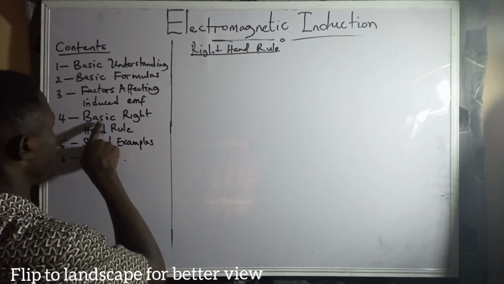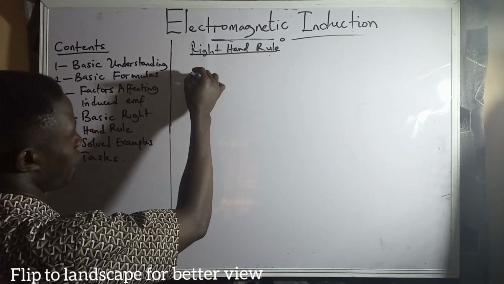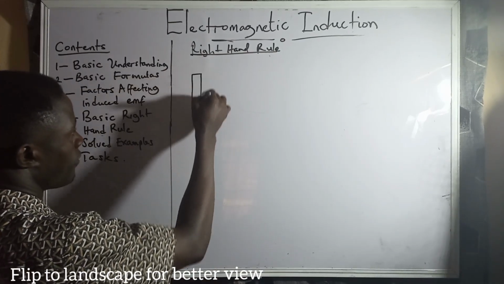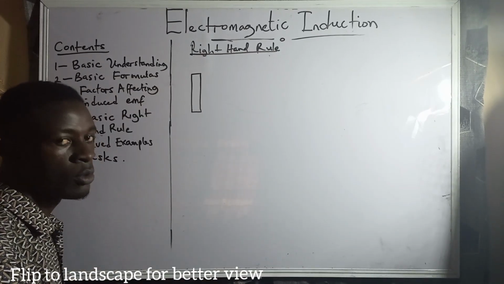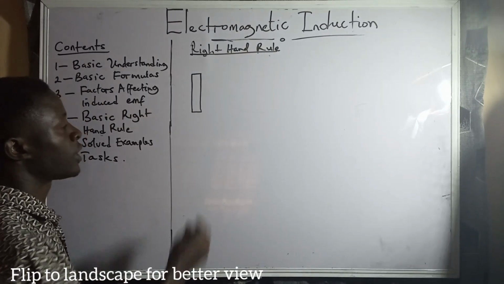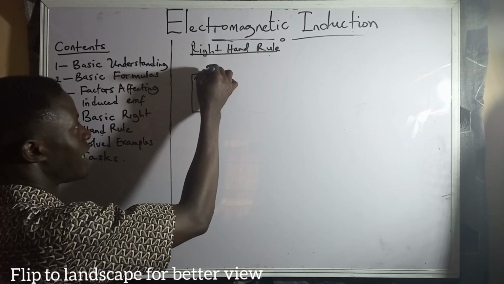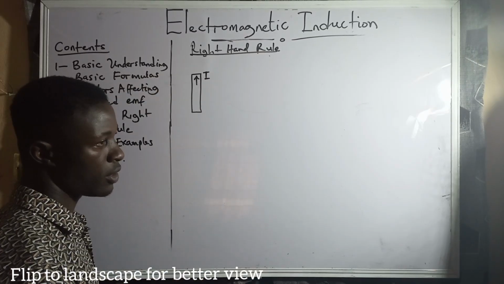So let's talk about the basic right-hand rule. Imagine you have a coil of a single current carrying wire, or a coil like this, and a current is flowing in this direction. This is the direction of the current.